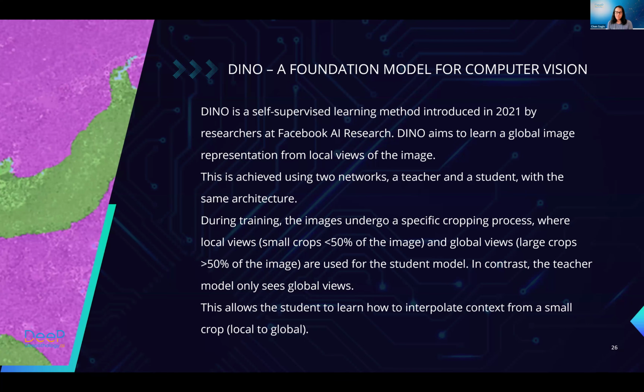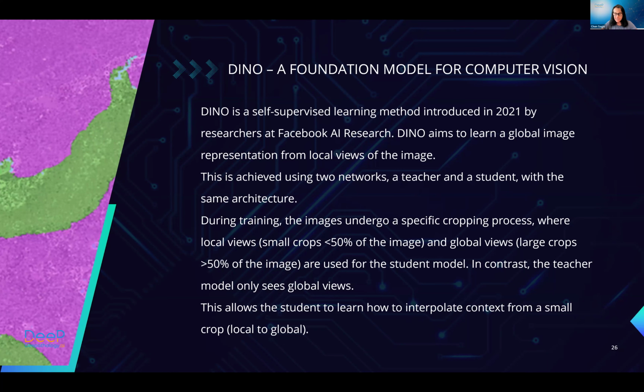So DINO aims to relate global views of images, how you view images globally. And now this global view of an image is related to the local information in the image. They do that using two networks, a teacher and a student, of the same architecture.